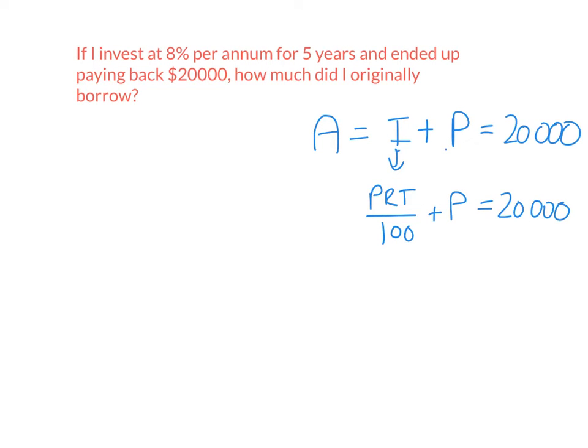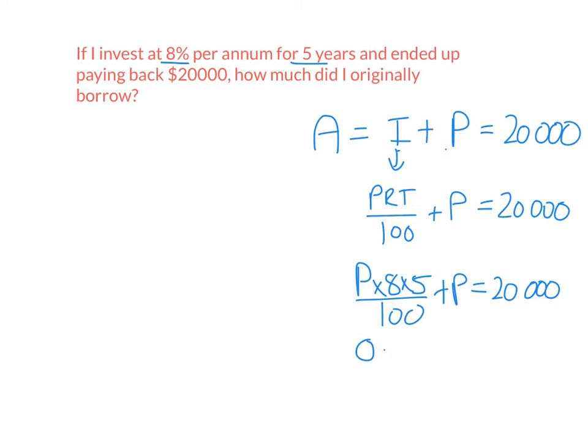Now what I want you to understand is if you borrowed at 8% per annum for 5 years, 8 times 5 is 40%. You have ended up paying back 40% of the principal. So the interest is going to be P times 8 times 5 over 100, and 8 times 5 over 100 is 0.4.